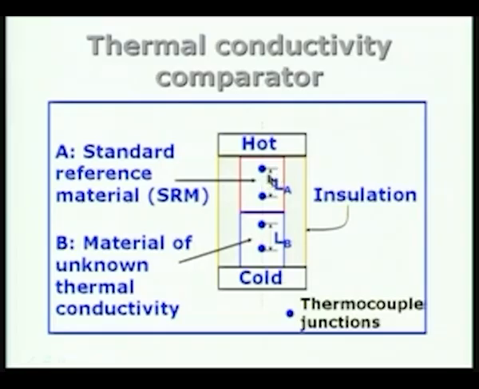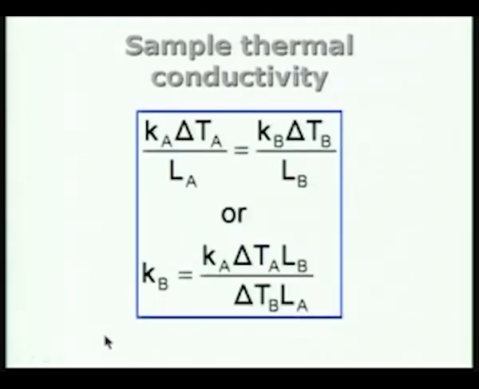So, what we do in this thermal conductivity comparator is to measure the 4 temperatures here, here and here and here. So, from these two I calculate the delta T across the length LA, I calculate delta T across length LB, and using the fact that the same amount of heat is transferred across the SRM as well as the sample, I can write Ka delta Ta by La.